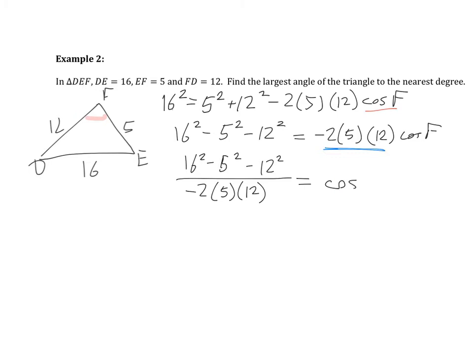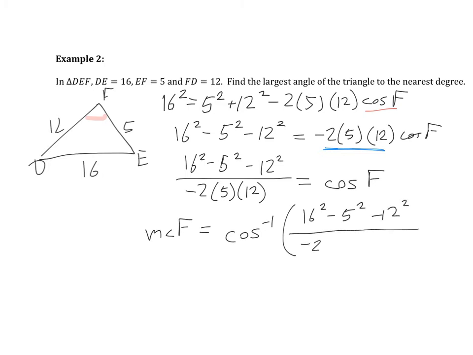That equals the cosine of F. Well, how do we undo the cosine function and get just the angle? That means the measure of angle F equals the inverse cosine of 16 squared minus 5 squared minus 12 squared, all divided by negative 2 times 5 times 12.